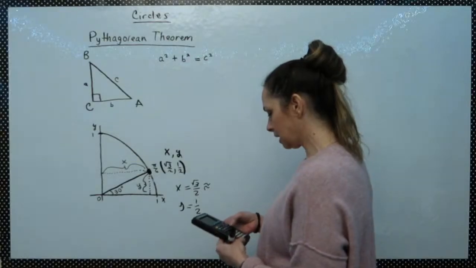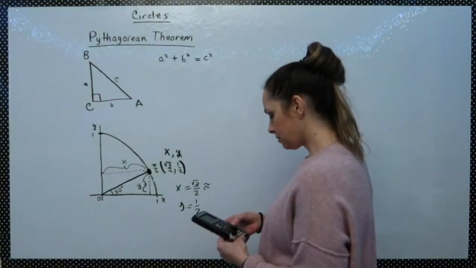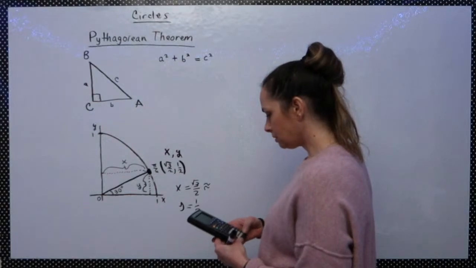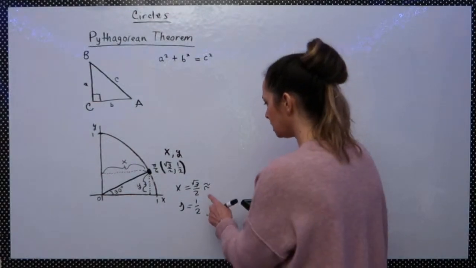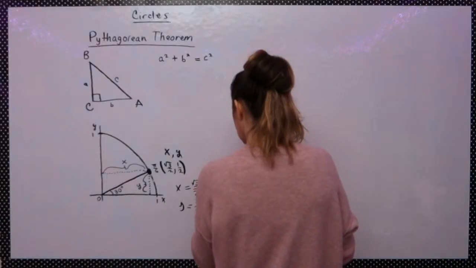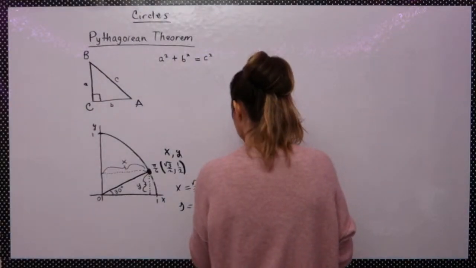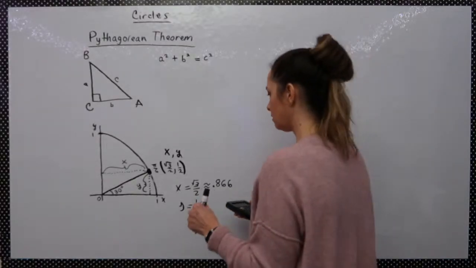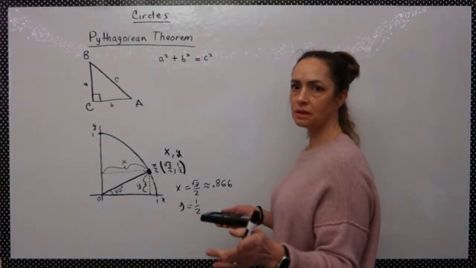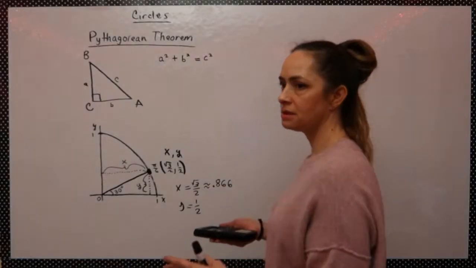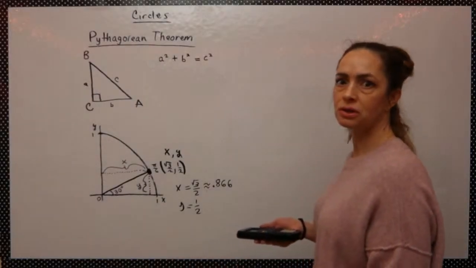I will just plug in radical 3 and divide it by 2, and I'm getting approximately 0.86. There are some other reasons why it can't be greater than 1 also, and we'll talk about that later on. We'll get more in depth when we're talking about the sine and the cosine functions.